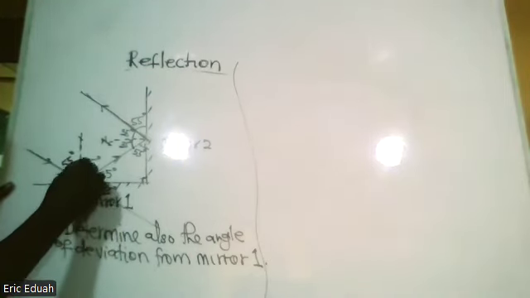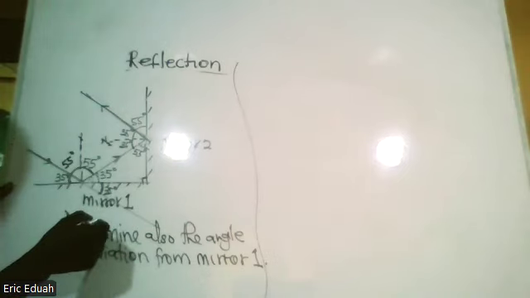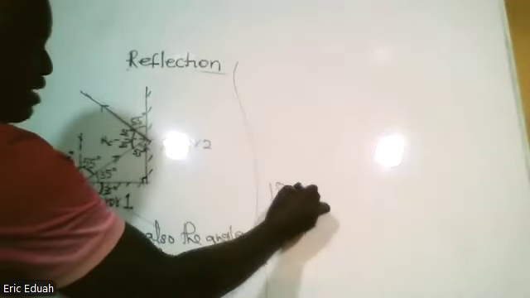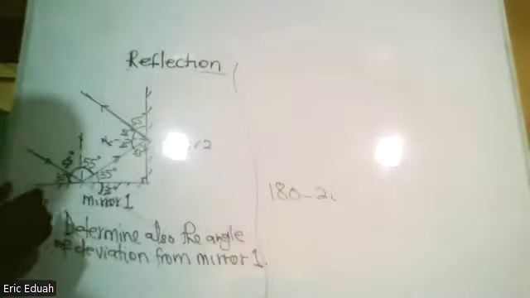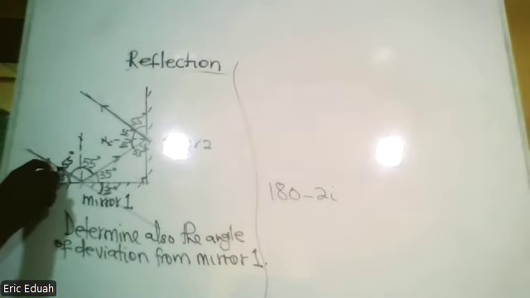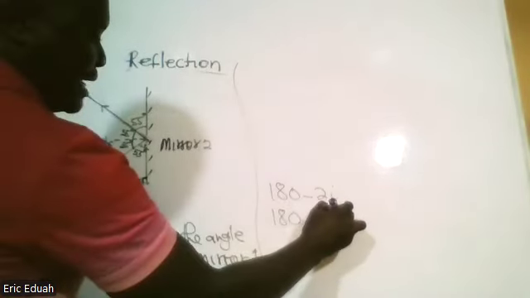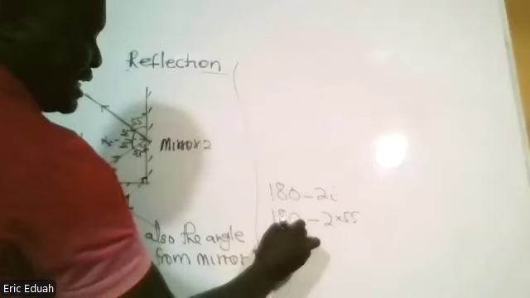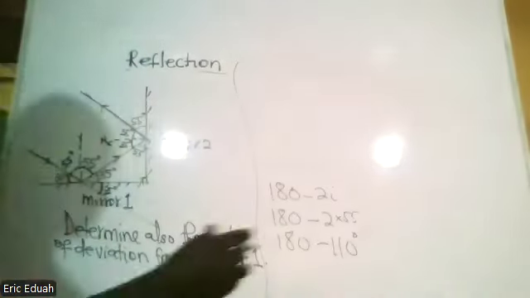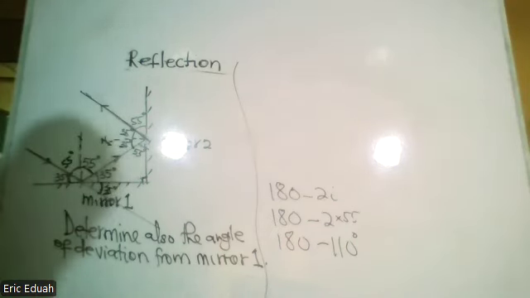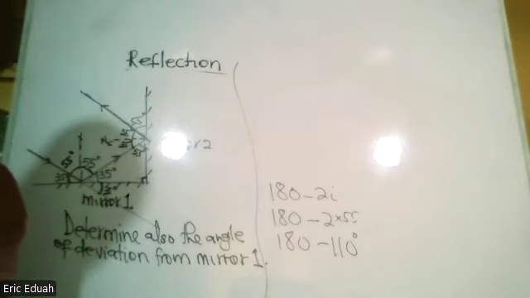So 35 plus 35, you have 70 degrees. Or 180 minus 2i. What is i here? 55. So 180 minus 2 by 55. This is 110. So we are done. And just so simple. When you understand these basics, we are good to go. Okay, any question? No question.